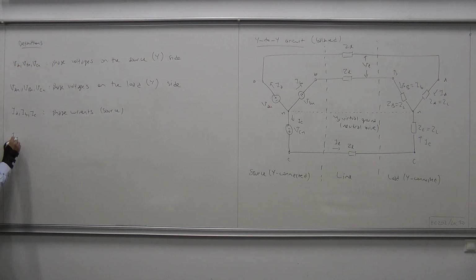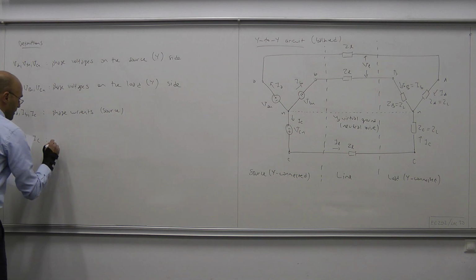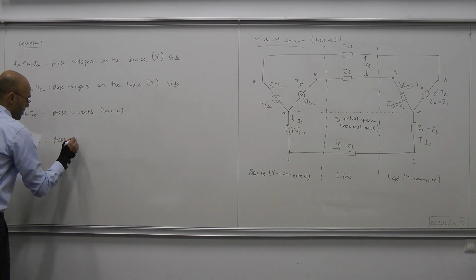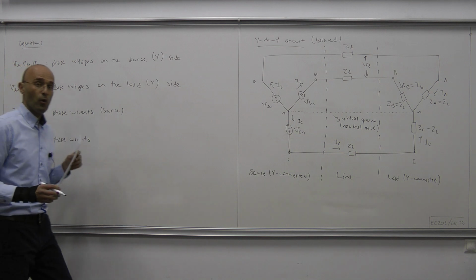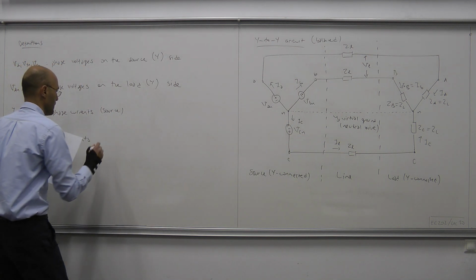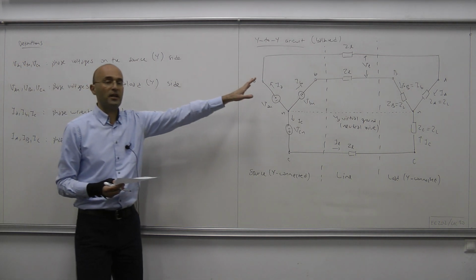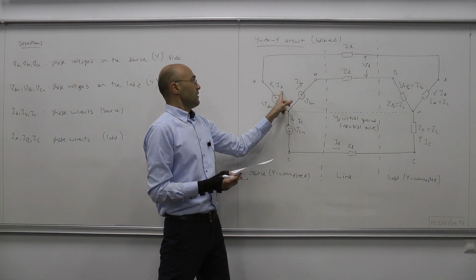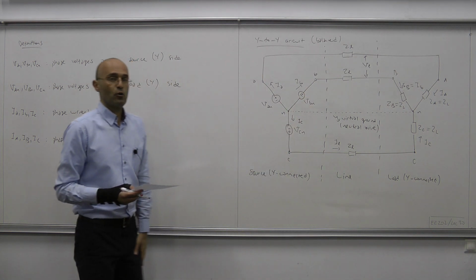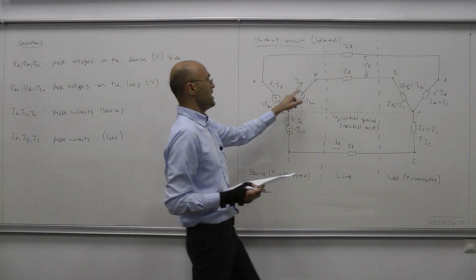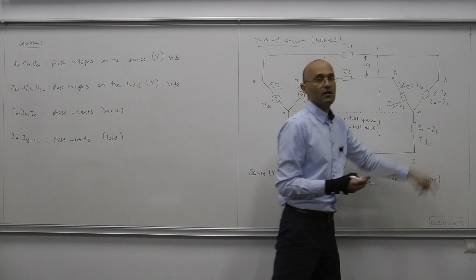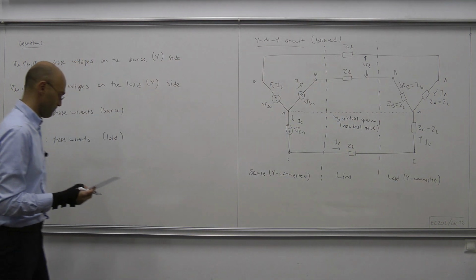And I capital A, I capital B, I capital C, they are the phase currents on the load side. In this Y to Y connection, clearly the phase currents are equal to one another. So I lowercase a equals I capital A, and so on.